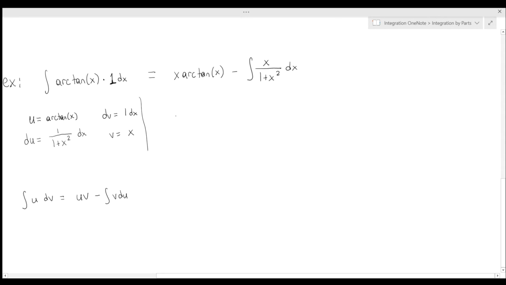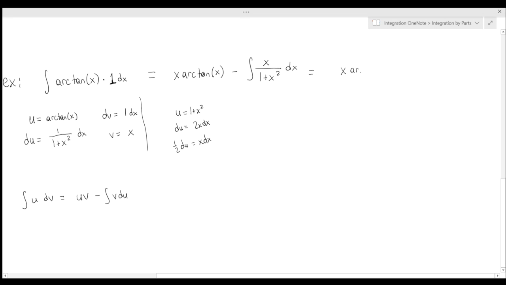So if we choose u to be the 1 plus x squared, then du would be 2x dx, which I have in the numerator, x and then dx. So if I divide by 2, then I see that we can rewrite everything in the integral as, let's see here.